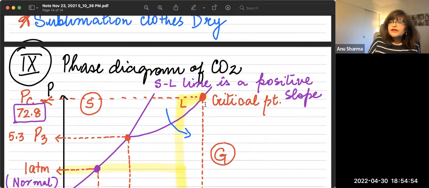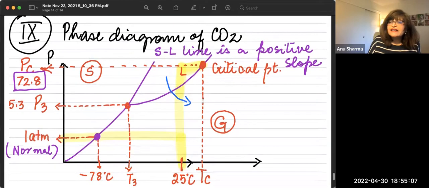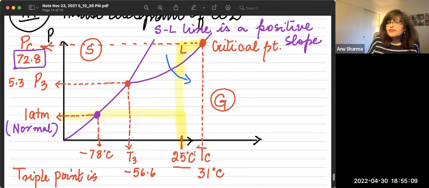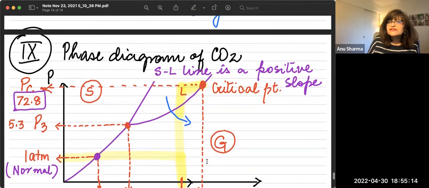But here's the thing. This is a critical point for carbon dioxide, which means where the liquid carbon dioxide right here and the gaseous carbon dioxide, right? They kind of coexist. And that temperature is slightly above our normal temperature, at 31 degrees Celsius, but the pressure is extremely high.